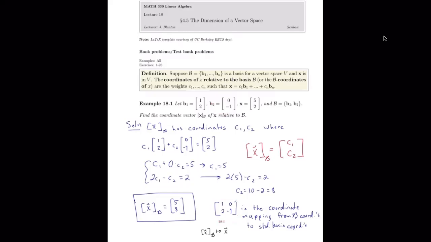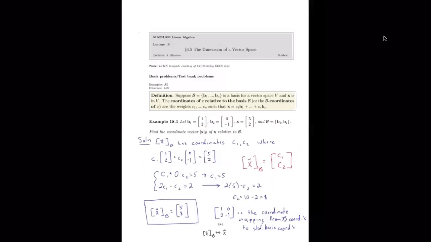That's one way of looking at what this matrix is in our change of coordinates problem. That's a matrix transformation. So if we consider the coordinate transformation from B coordinates to standard basis coordinates, we see that it's going to be a matrix, and this will generalize.